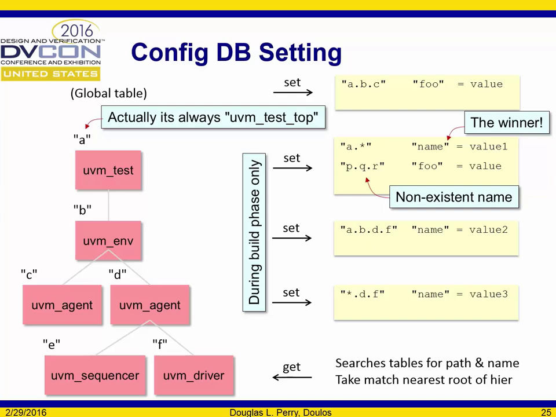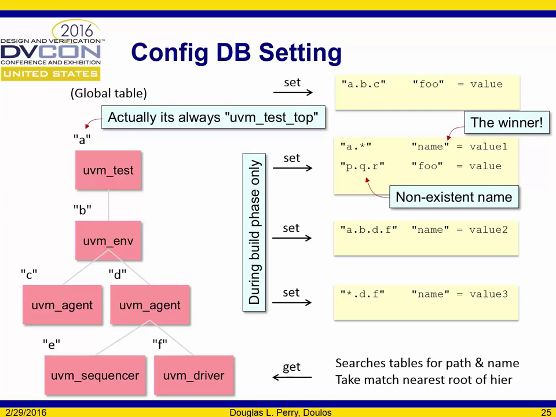All right, well, if I go up here, I can see star.D.F, name equals value. So this is the path name, and sure enough, star.D.F matches my driver. And sure enough, I'll get value 3. Okay, so far so good.